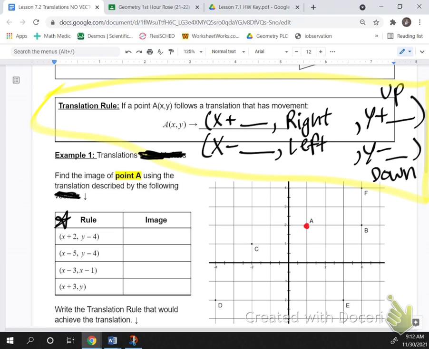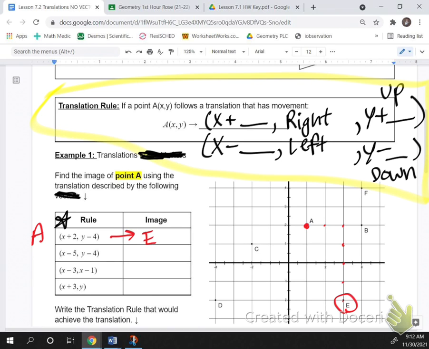It says x plus 2. What should I do, left or right? Right. 2. We're going to count over 1, 2. And then it says y minus 4. Up or down? Down. 1, 2, 3, 4. Where do we land? E. So A just mapped to E.